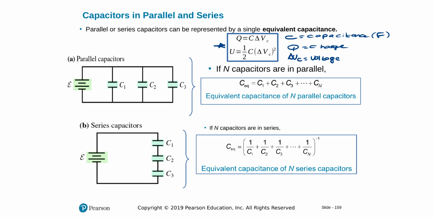So I'll say voltage across for short. And U is the electric potential energy. So we can calculate potential energy, knowing charge and potential difference, or knowing capacitance and potential difference.